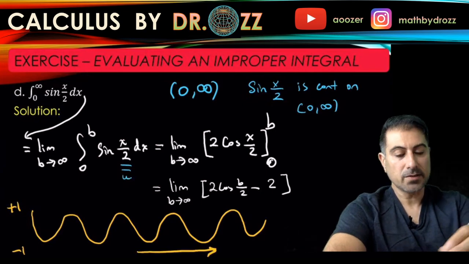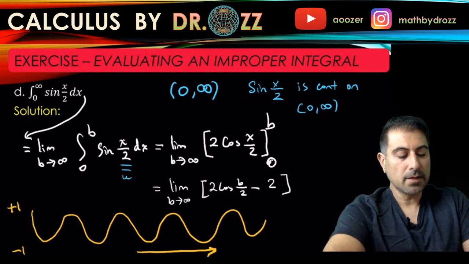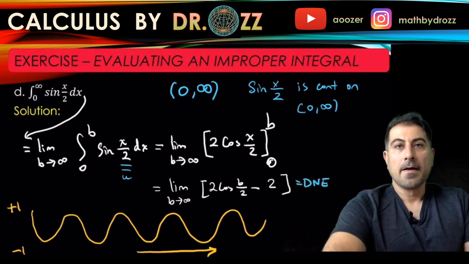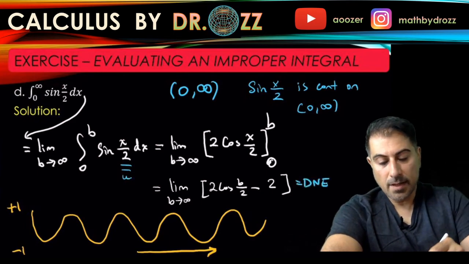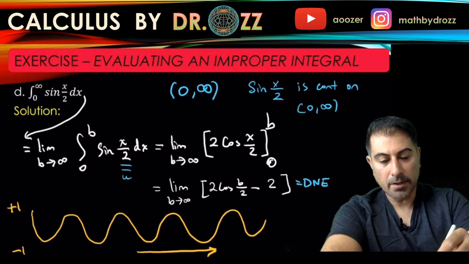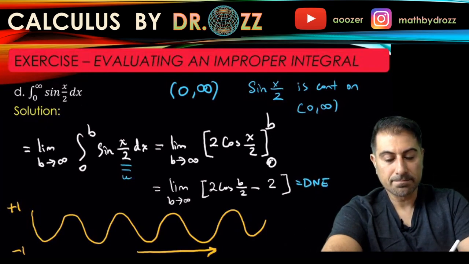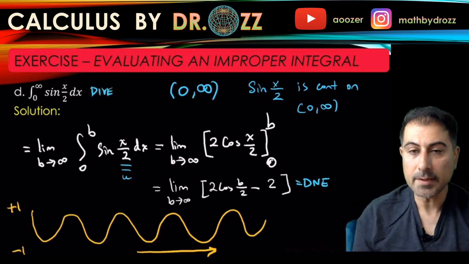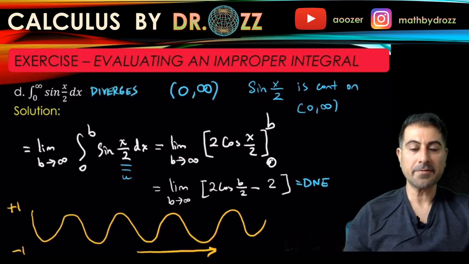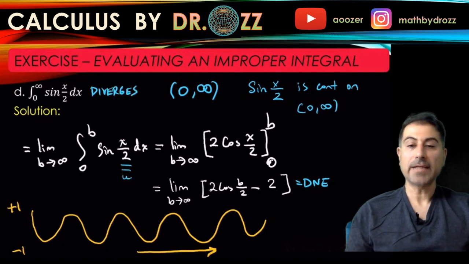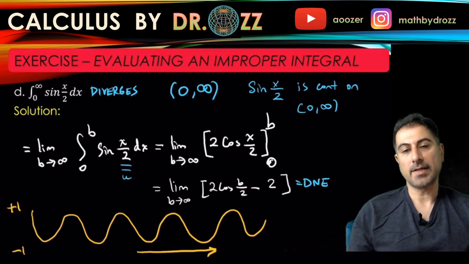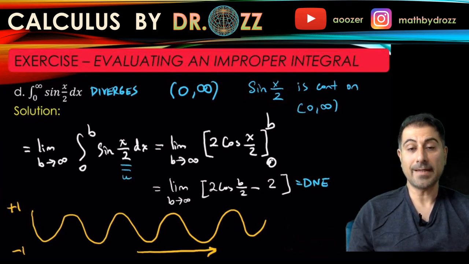So that makes this limit not exist. For that reason, the integral diverges. It doesn't converge to anything. Again, we're using the fact that cosine fluctuates between -1 and 1 as b approaches infinity, so that means it doesn't converge to anything.